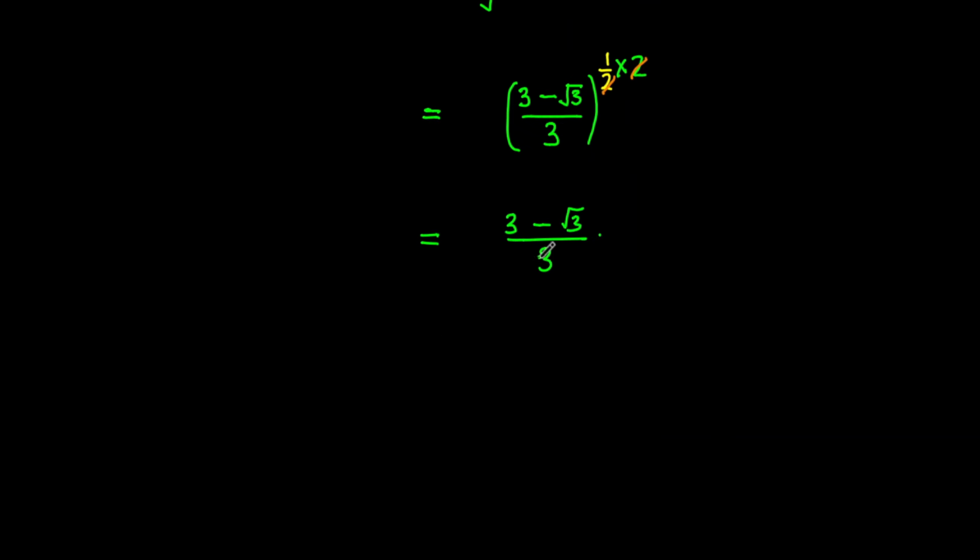So we can distribute our denominator to these two terms, and we have 3 over 3 minus square root of 3 over 3. Here, if you divide that, it vanishes to 1, because 3 by 3 goes 1, and we only had to copy our square root of 3 over 3 as the question suggested, hence shown.